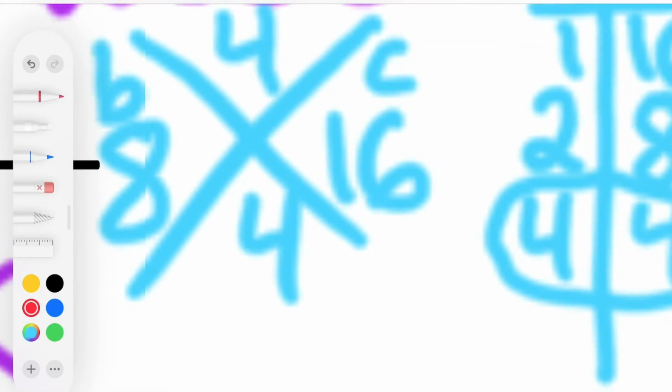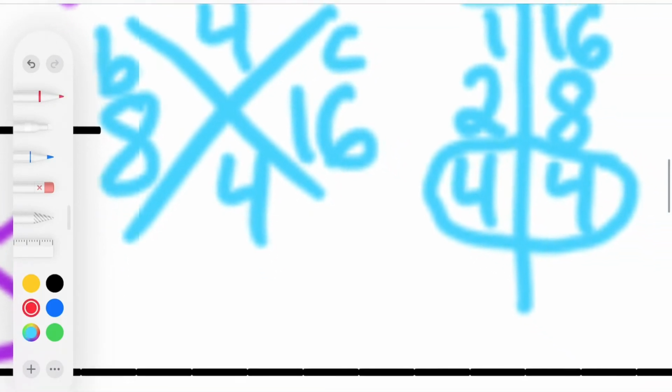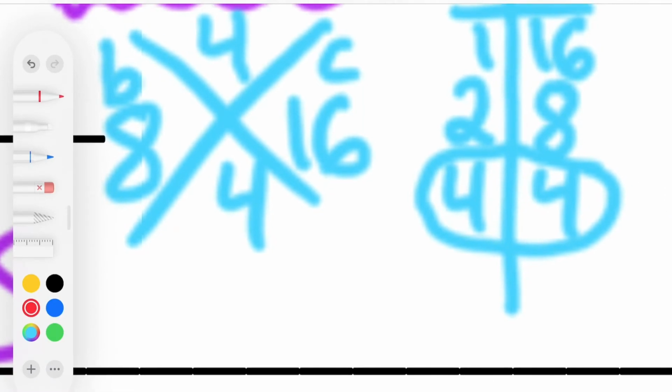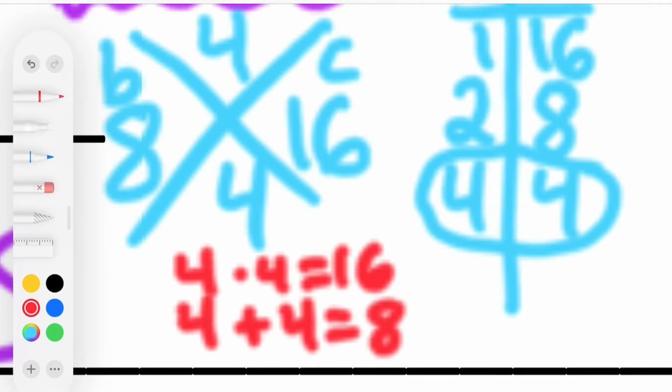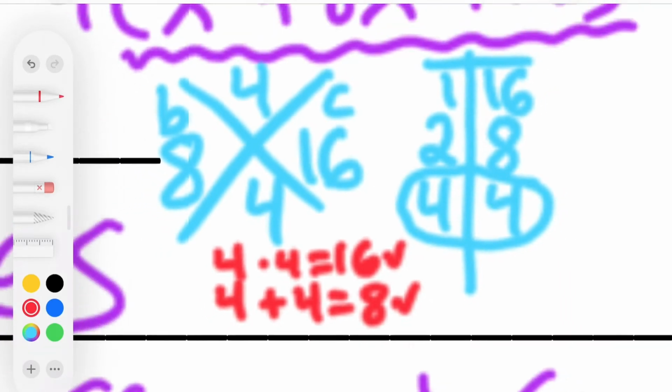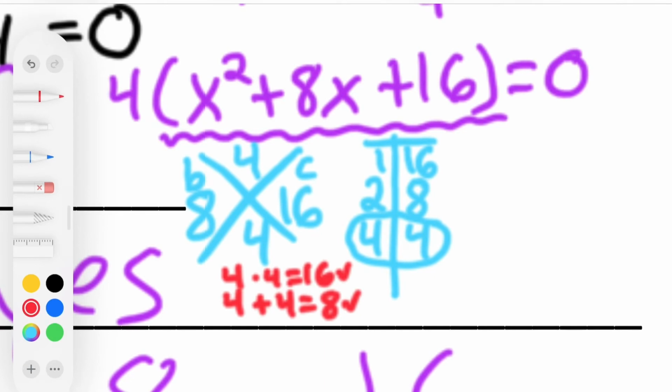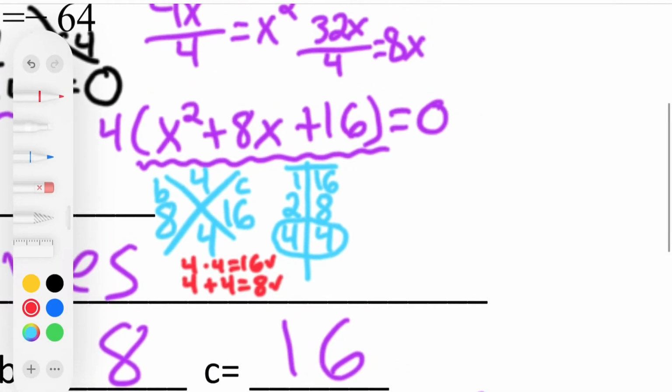Key thing, I cannot stress this enough. Make sure that your magic numbers make both statements true. 4 times 4 to give you positive 16, and 4 plus 4 to give you 8. Both statements have to be true, and they are. So both magic numbers are positive 4s.